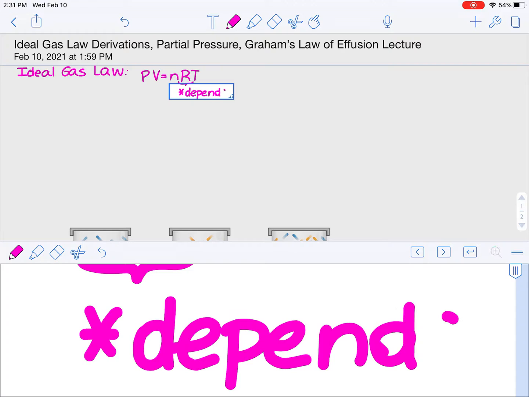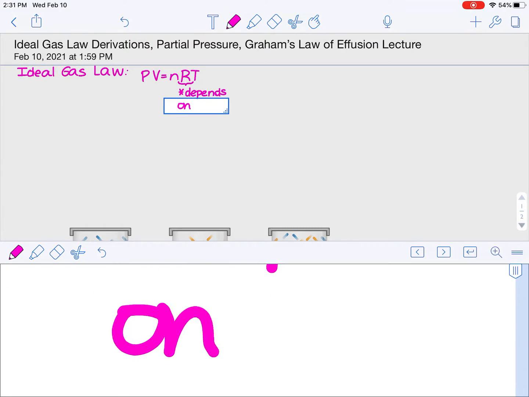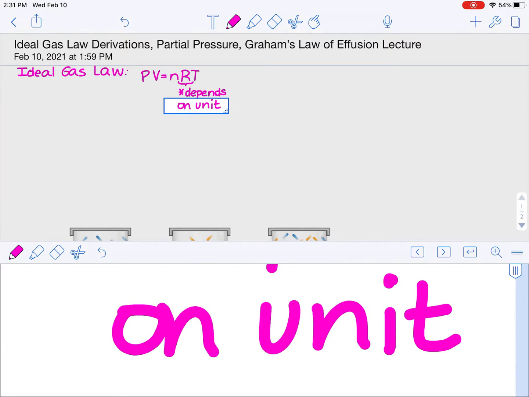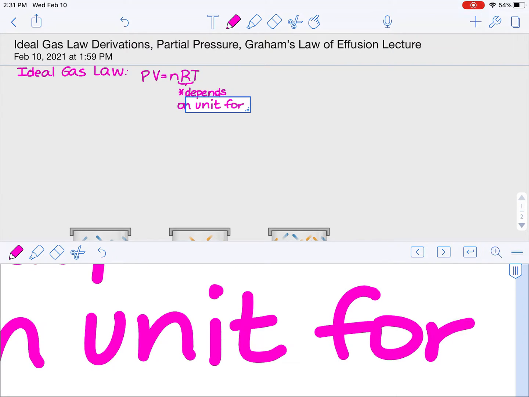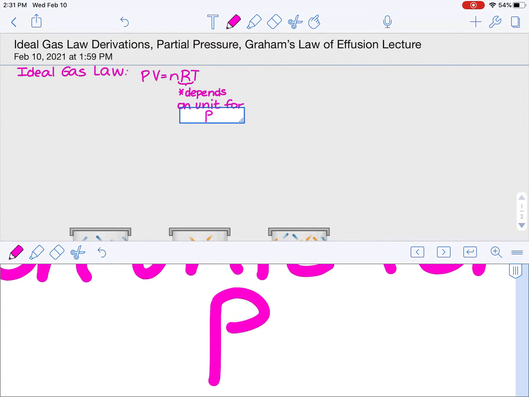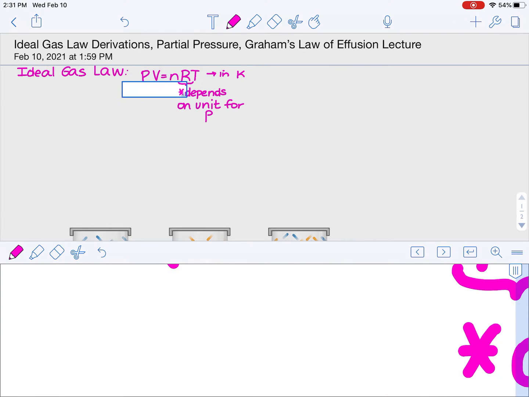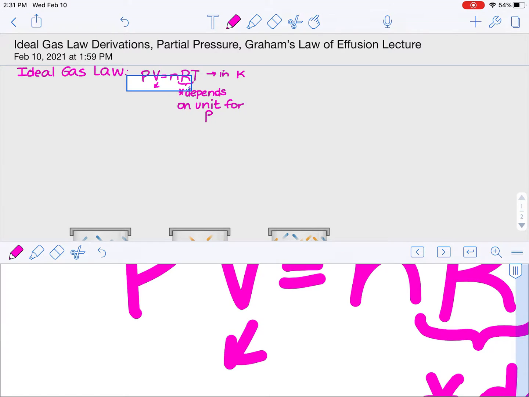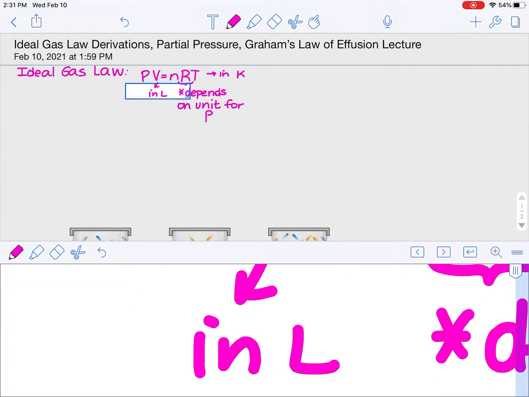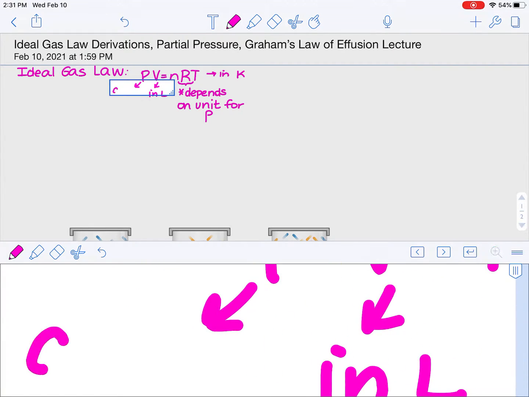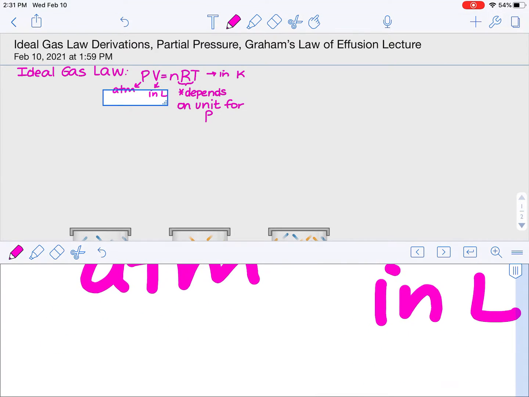Friendly reminders that R is our universal gas constant, and which one we use depends entirely on what unit we have for pressure. T is our temperature, that always needs to be measured in Kelvin. V, our volume, always needs to be measured in liters.